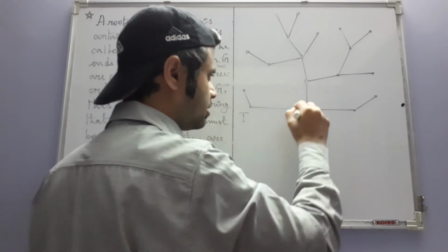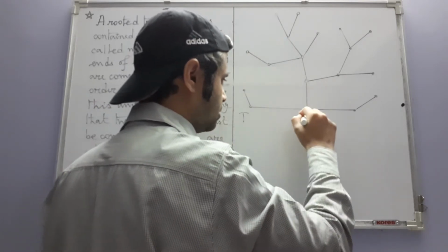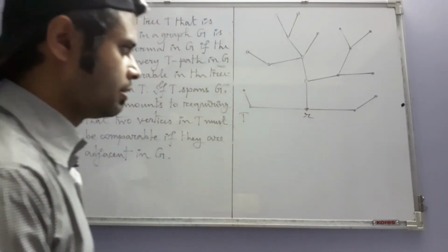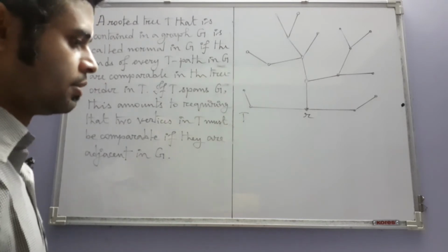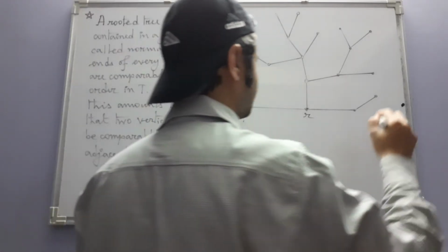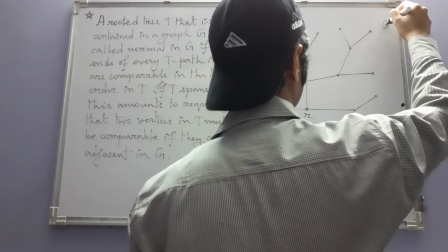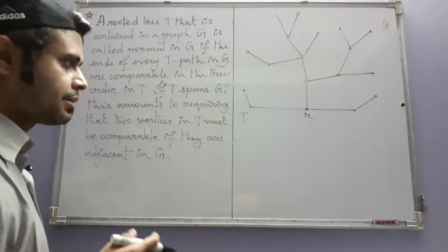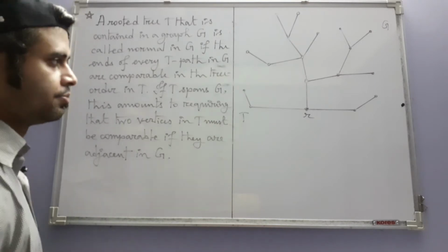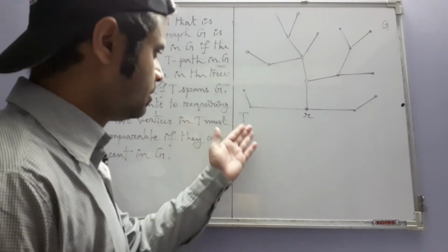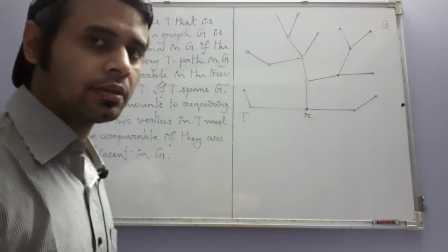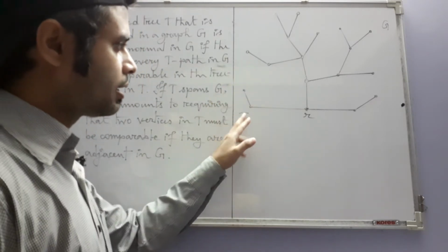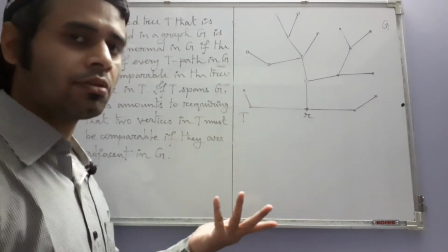and it's a rooted tree where this vertex is being regarded as the root. But the actual graph G, in which T is a subgraph, has other things also. Now T here spans G. That means in G there are no extra vertices. This is all we have.